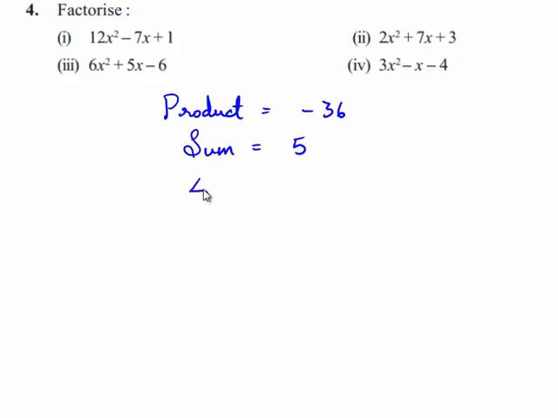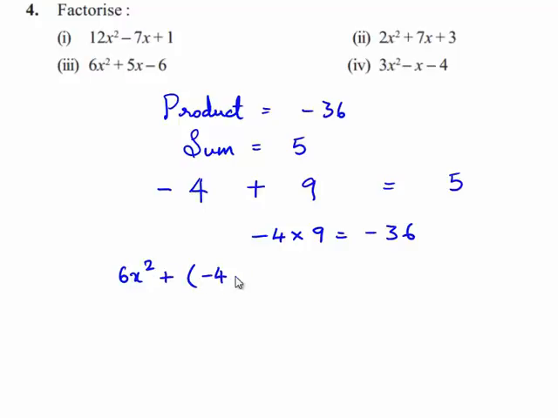So minus 4 plus 9 will be equal to 5, and the product of minus 4 and 9 is minus 36. So minus 4 and 9 satisfy the condition of the product as well as the sum. So rewriting the polynomial as 6x square plus (minus 4 plus 9) times x minus 6, we will be getting 6x square minus 4x plus 9x minus 6.